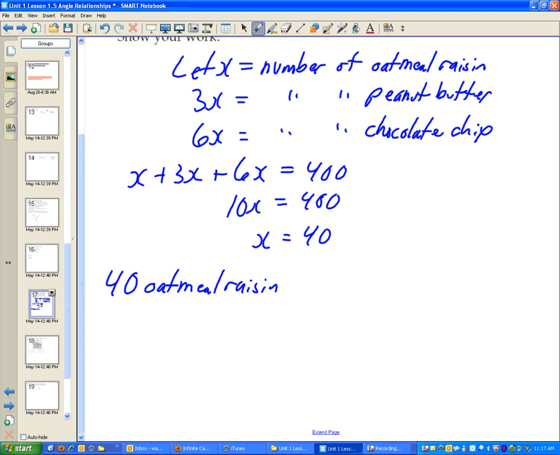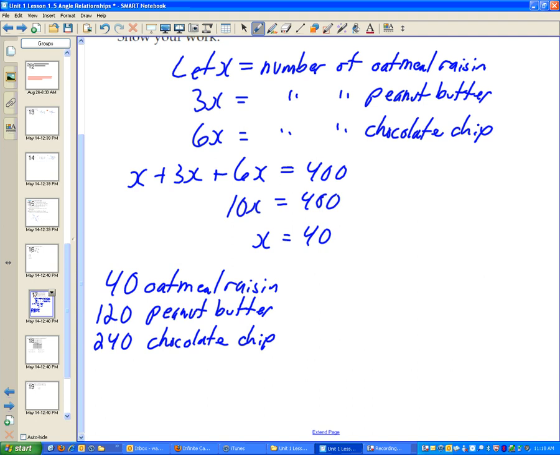So what's 3 times 40? 120. Peanut butter. All right, there's 6X chocolate chip. 6 times 40? 240. Chocolate chip.